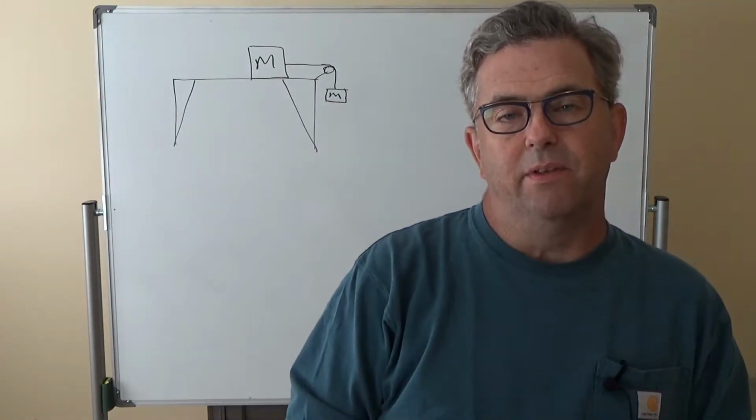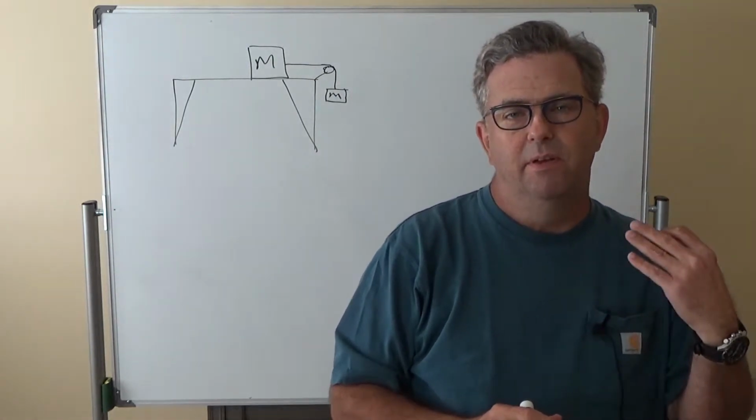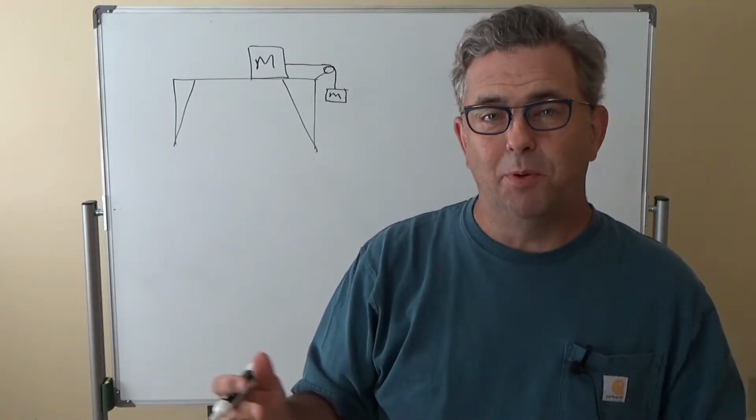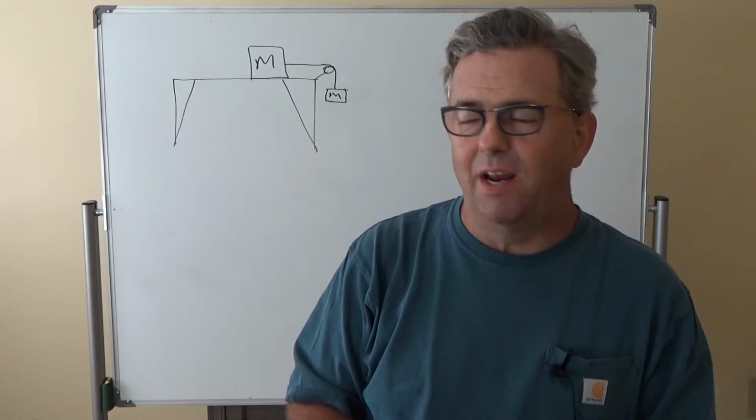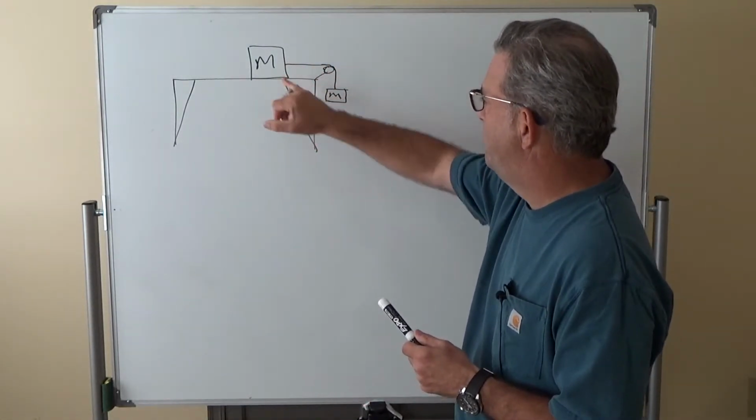We're assuming that this is frictionless, that the pulley itself is massless, frictionless. So we have this magic pulley and we have a magic string, okay? So there's a string connecting little m and big M.